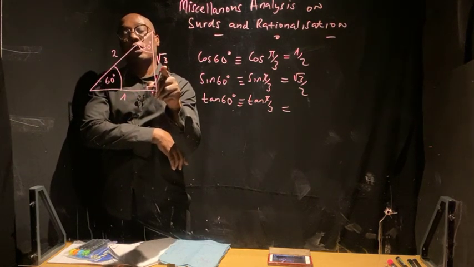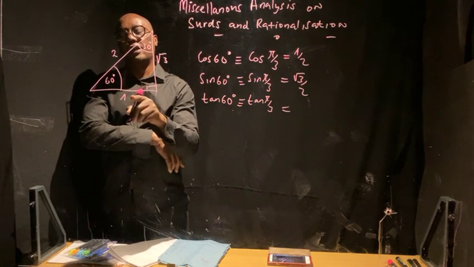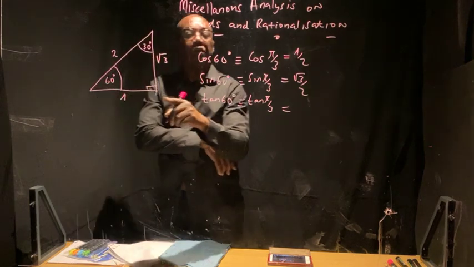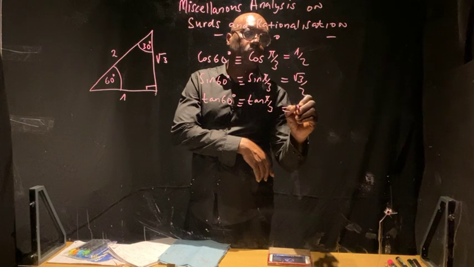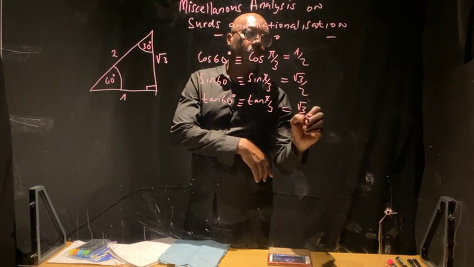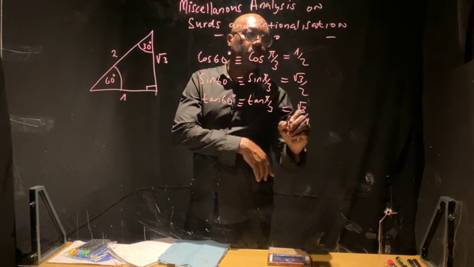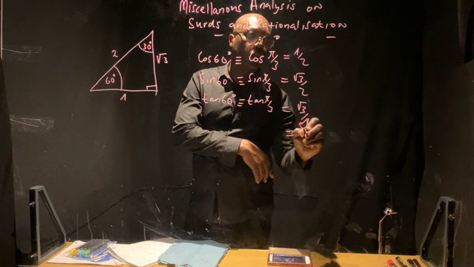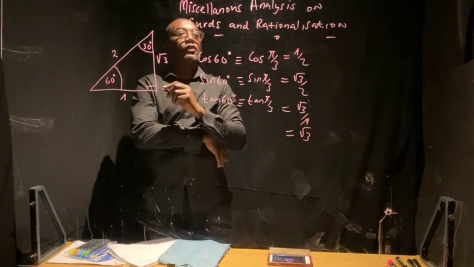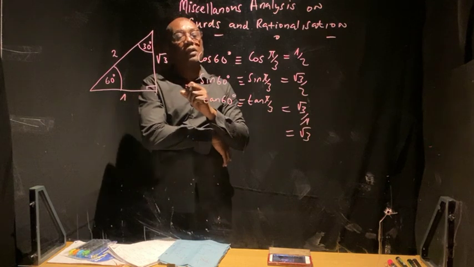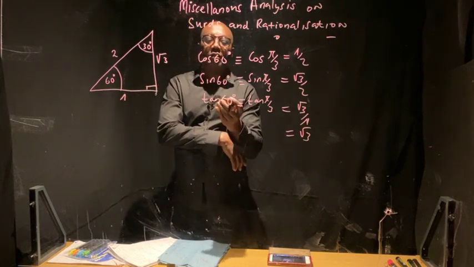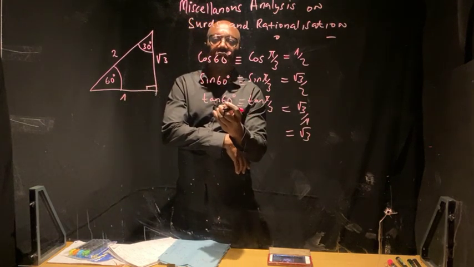So opposite is root 3 and the adjacent is 1. So tan 60 is equal to root 3 over 1, which is the same as root 3. These are very important identities that you should know by your fingertips.